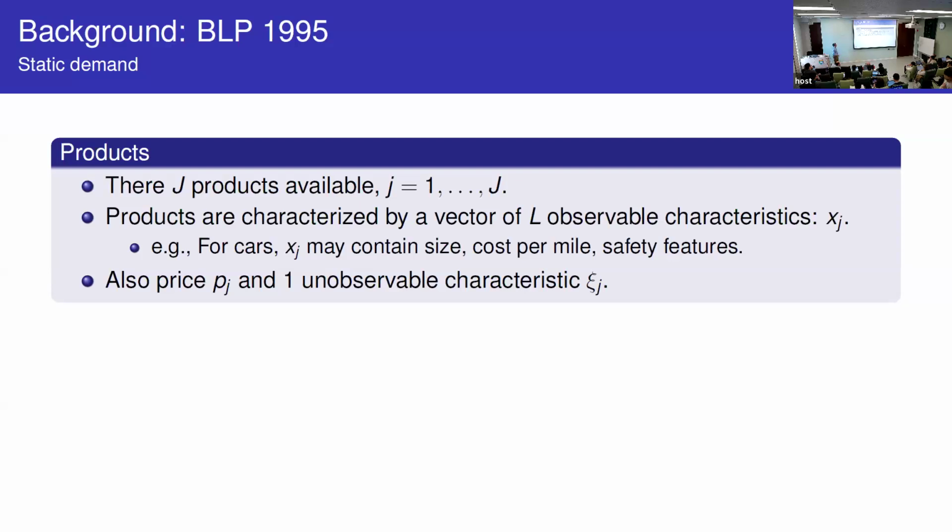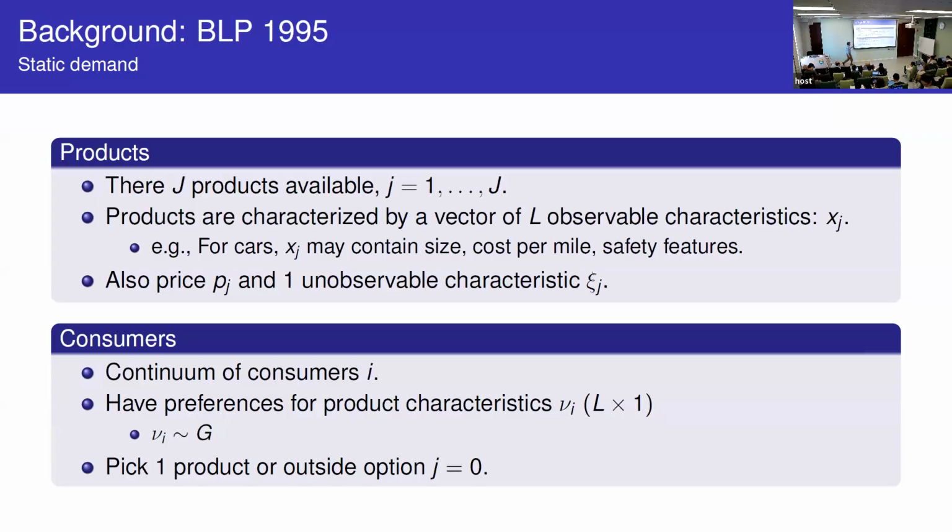So that's going to be the product side, and then on the consumer side, we'll imagine a continuum of consumers. They're going to have some preferences for product characteristics, ν_i, and that's going to tell us the match of this consumer to the product characteristics that are available. Loosely, if there are L product characteristics, there'll be L preferences, ν_i.